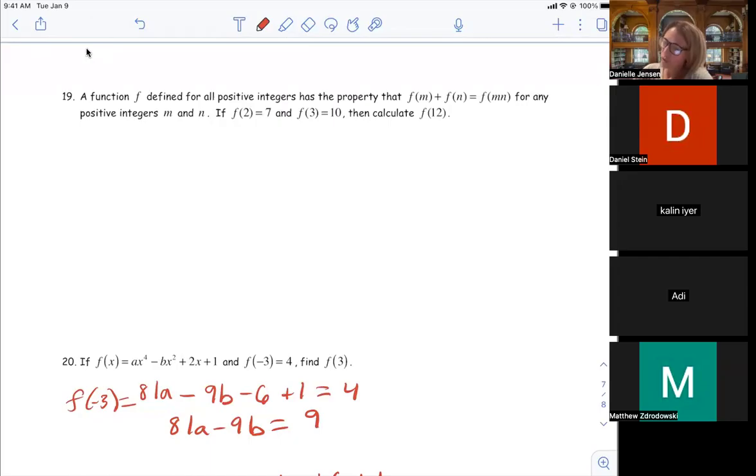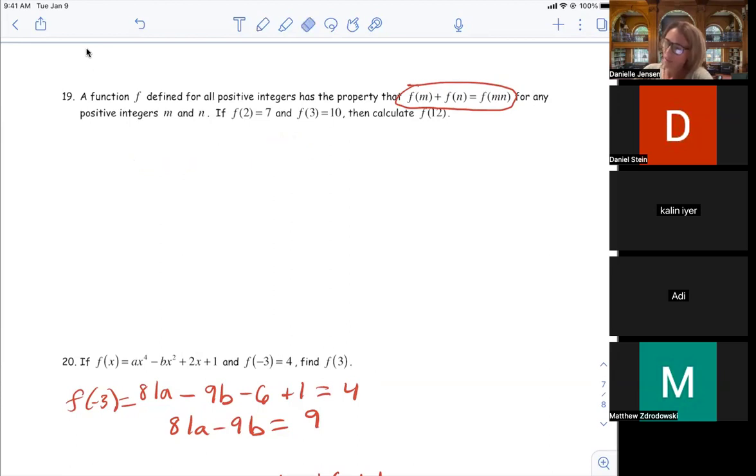Yeah, so walk me through that. So we're going to use this fact here, right? Yeah. So in the f of m, I put f of 2 and f of 3, which we know is 6.